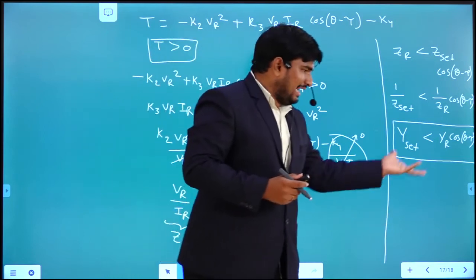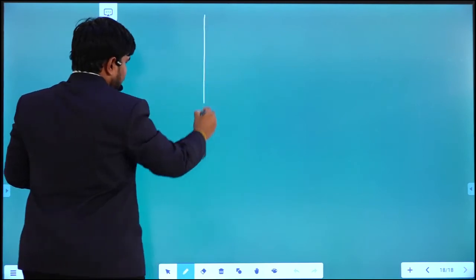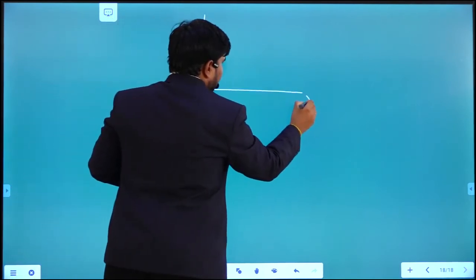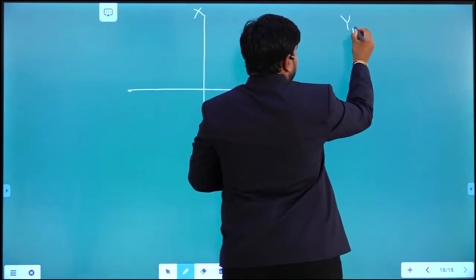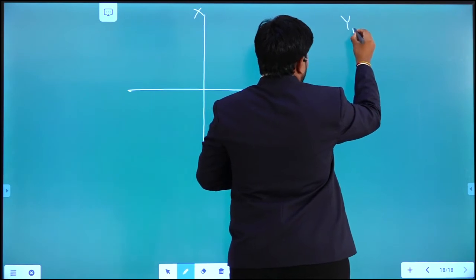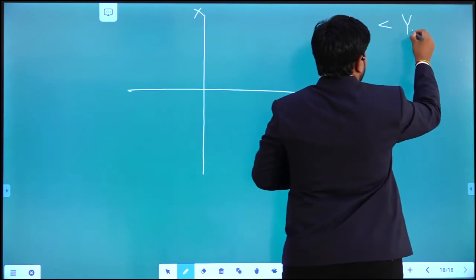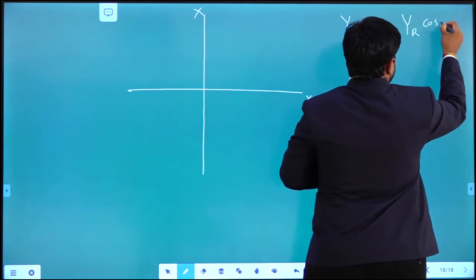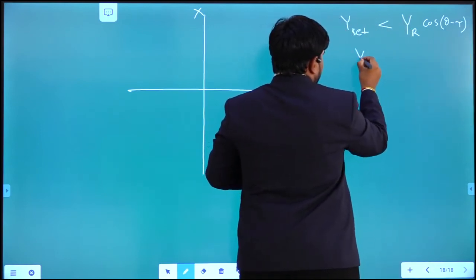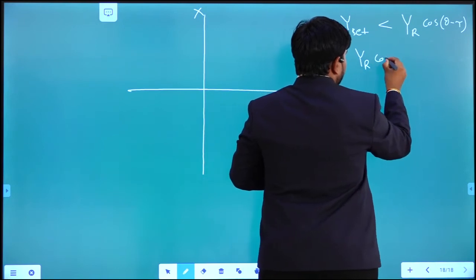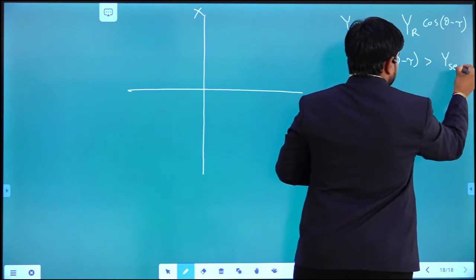Now let us see this in terms of graphical representation. If I take the same R-X graph, this is R and this is X. What is the condition for trip signal? Y set is less than YR into cos of theta minus tau, or I can rewrite this expression as YR into cos of theta minus tau is greater than the Y set value.